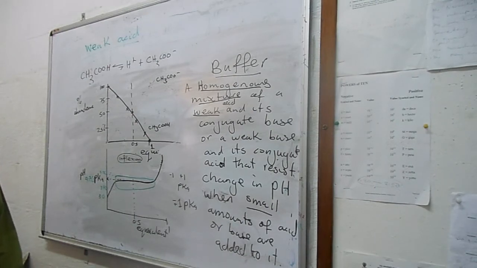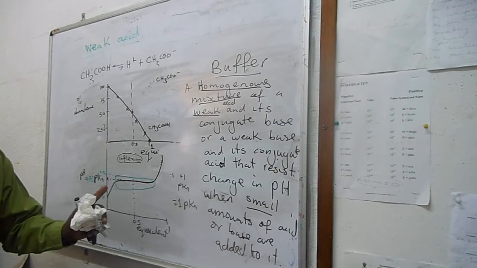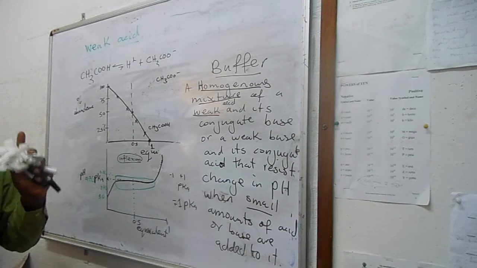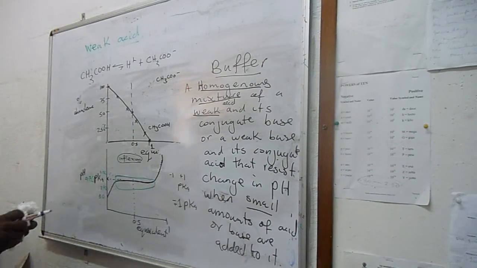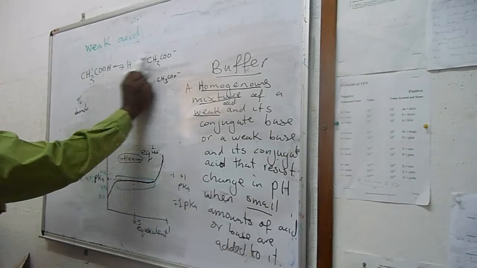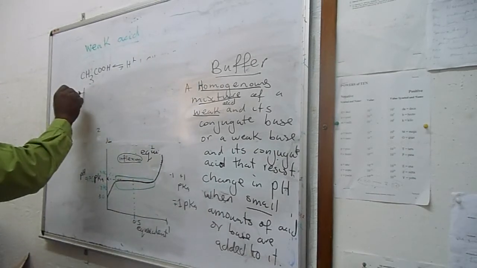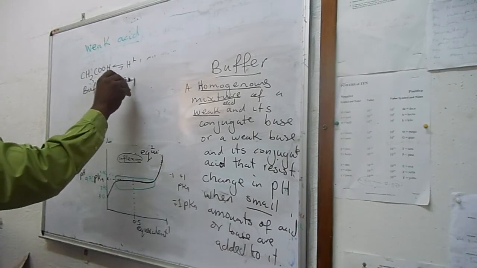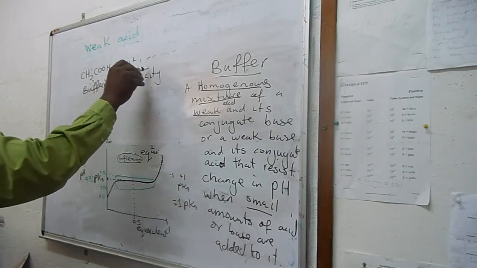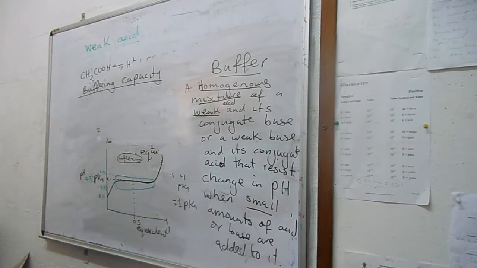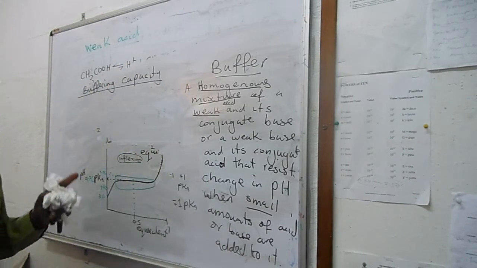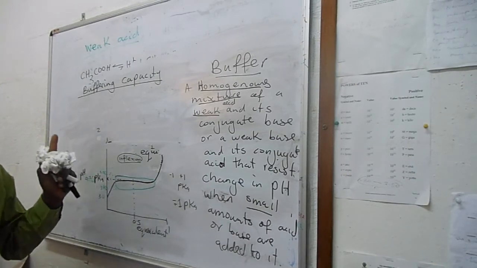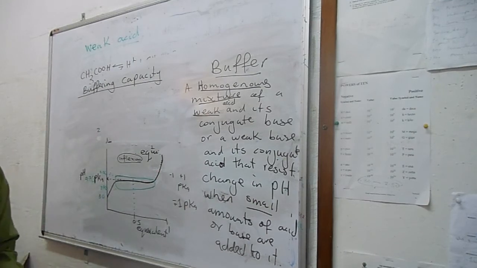Okay, the ability of a buffer to resist change in pH is called its buffering capacity. What is buffering capacity? The buffering capacity is the ability of a buffer to resist change in pH.